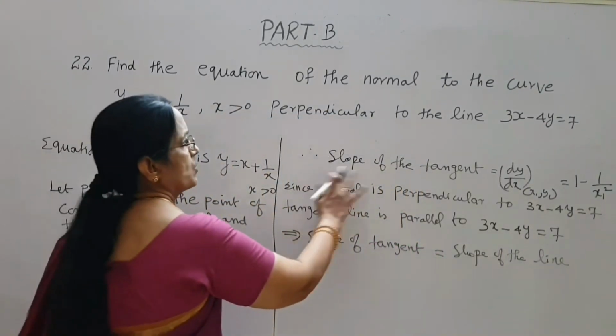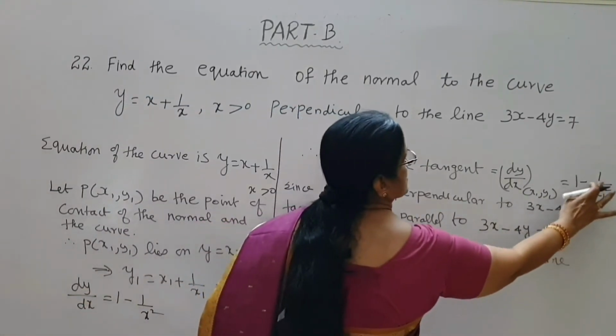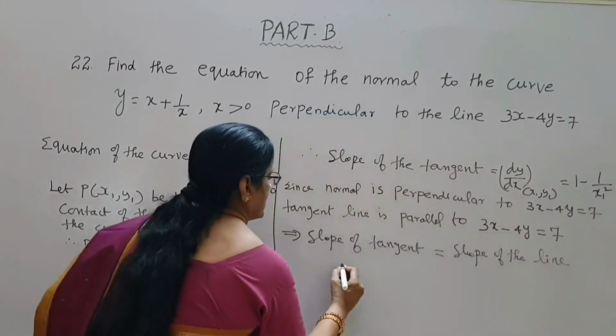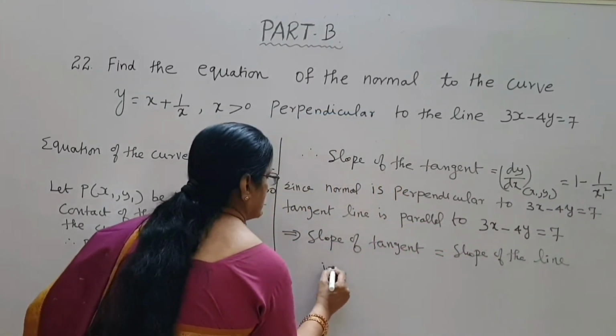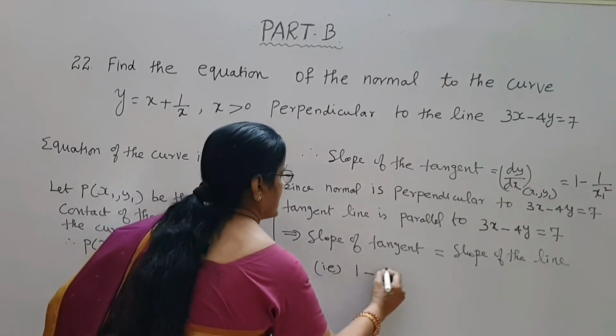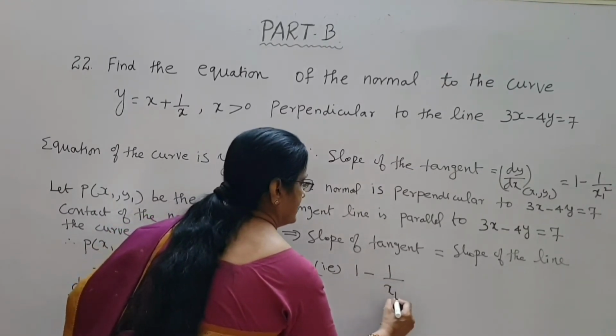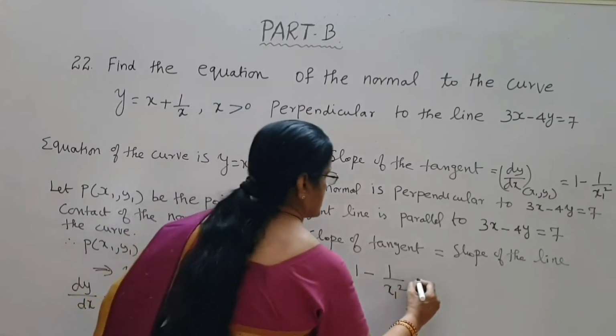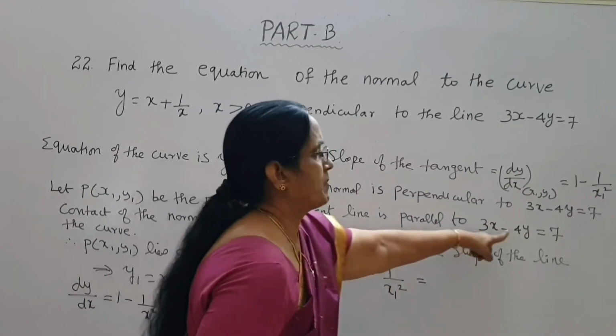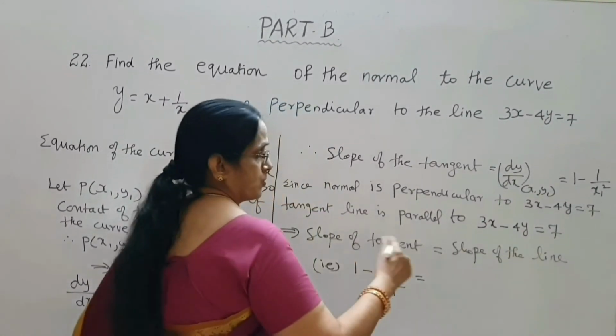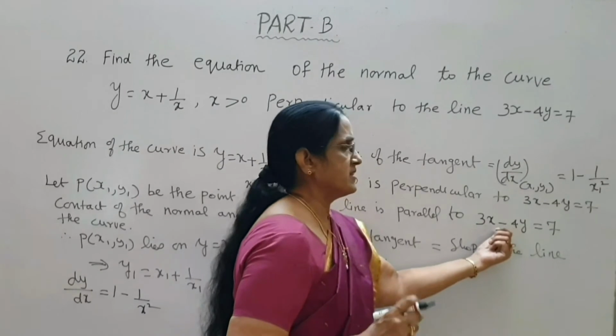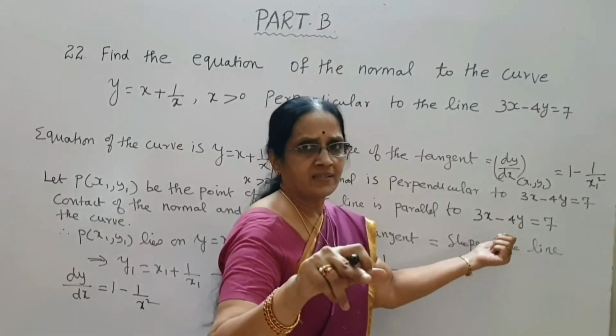Okay, what is the slope of the tangent? 1 minus 1 by x1 square. That is, 1 minus 1 by x1 square is equal to slope of the line, which is, you know, when the equation of the line is given, the slope is nothing but minus a by b.